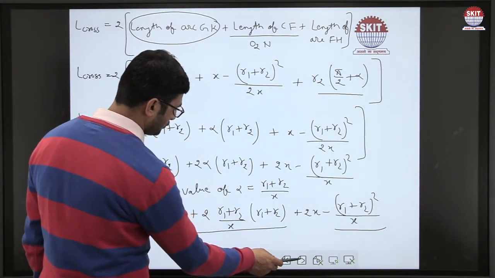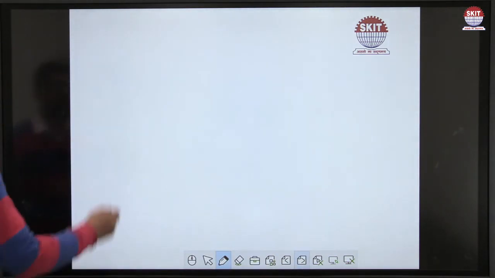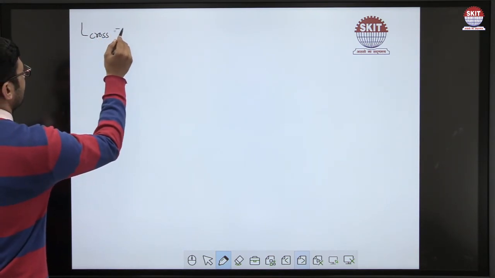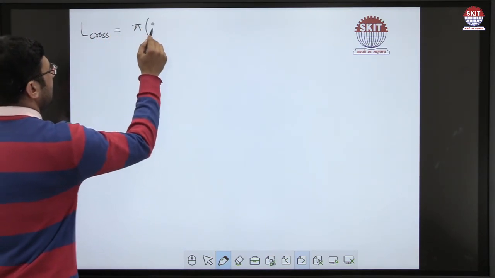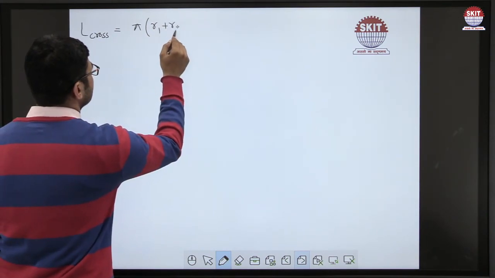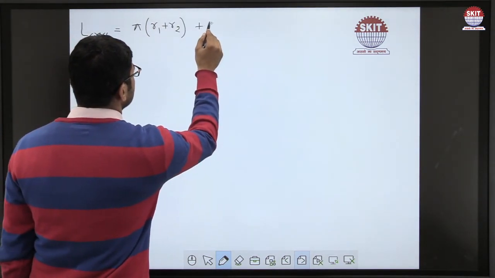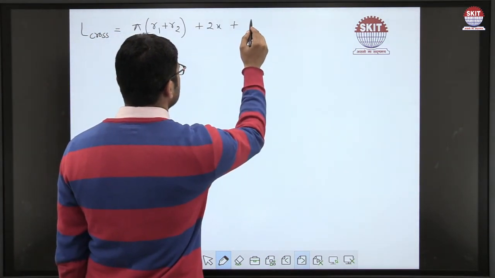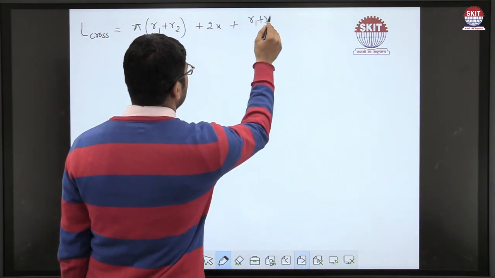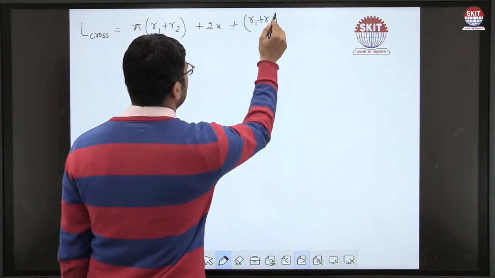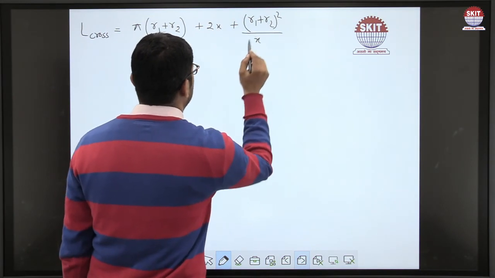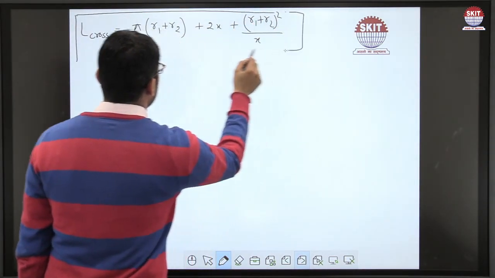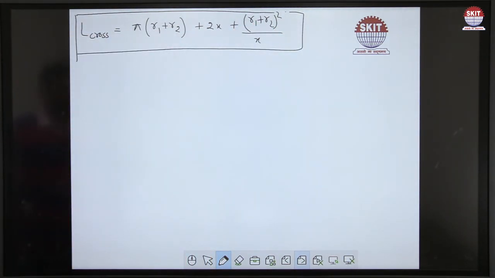The final solution is L cross equals pi (R1 plus R2) plus 2x plus (R1 plus R2) whole square upon x. This is the final expression for the length of the cross belt drive.